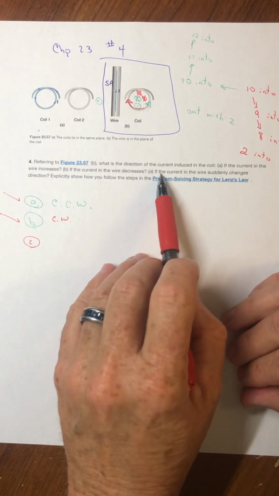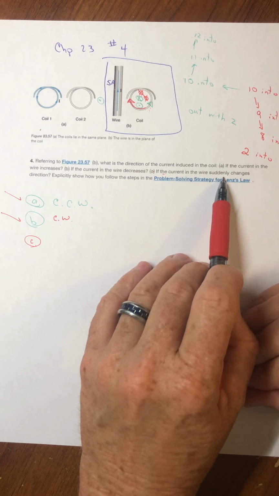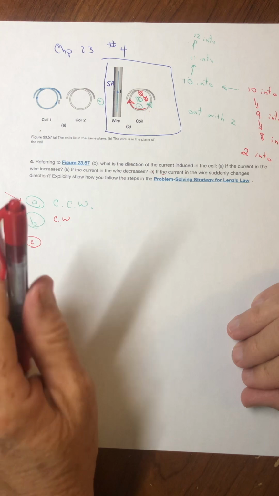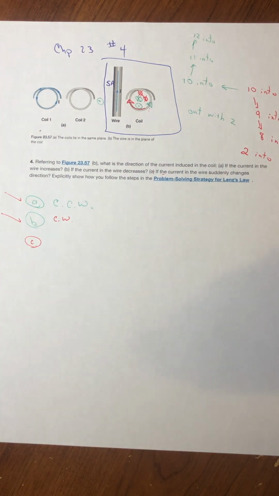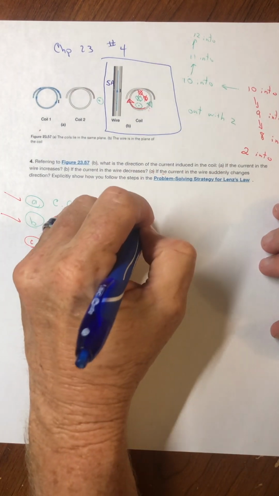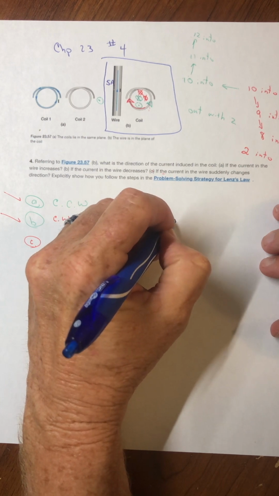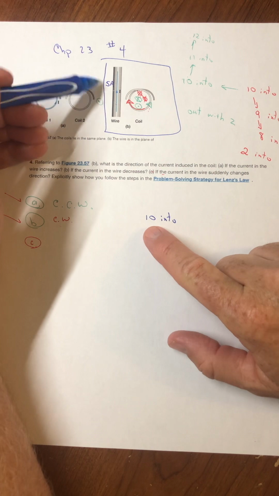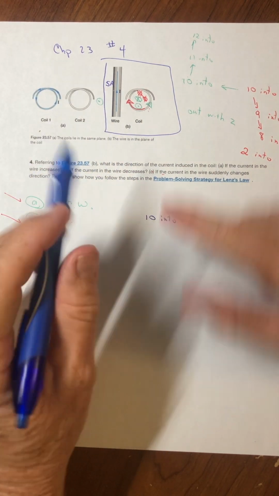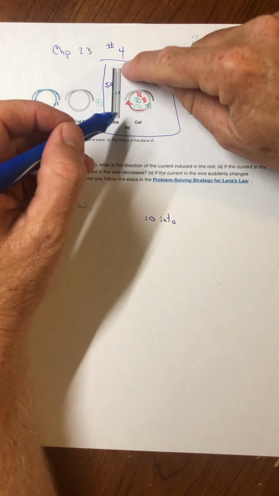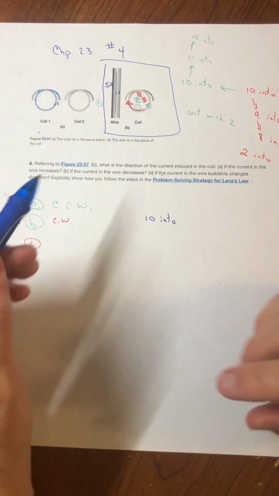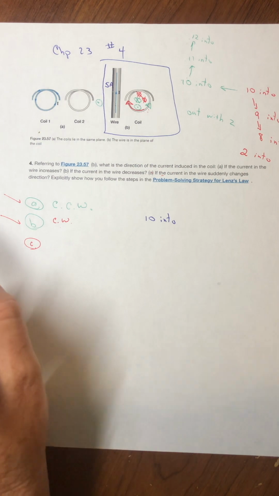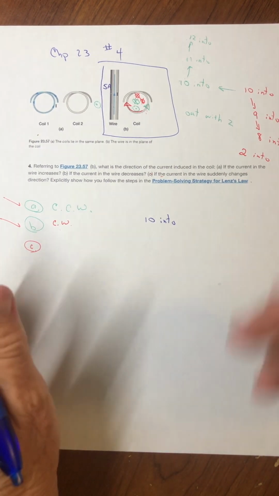And then here, C, if the current in the wire suddenly changes direction. Well, again, putting some numbers here, just to put some numbers with our thinking: if the current was going up and creating a flux that is 10 into, and then it was just magically reversed and had the same number. They say the current suddenly changes direction, but I'm going to just say it changes direction and has the same value.